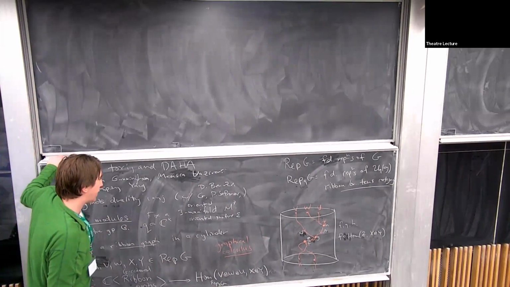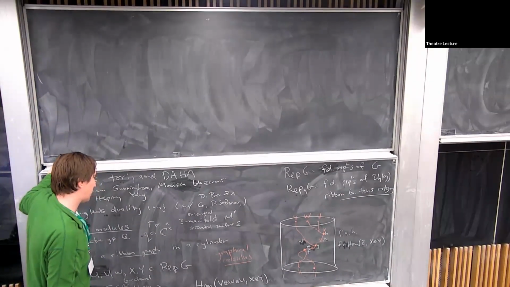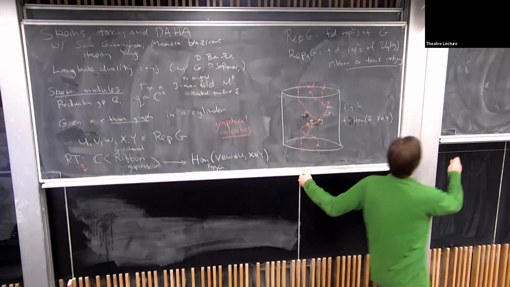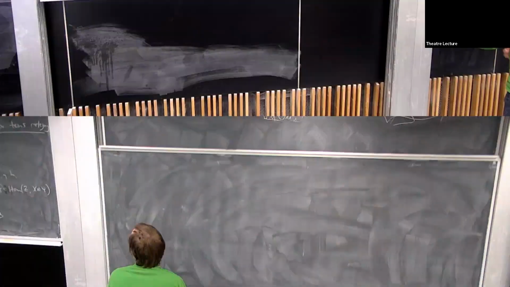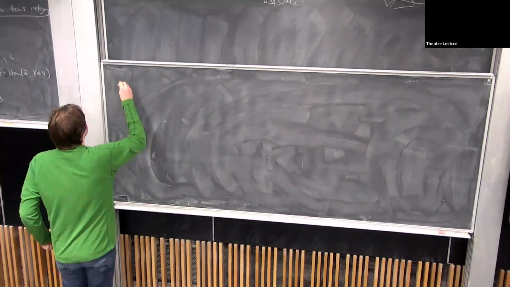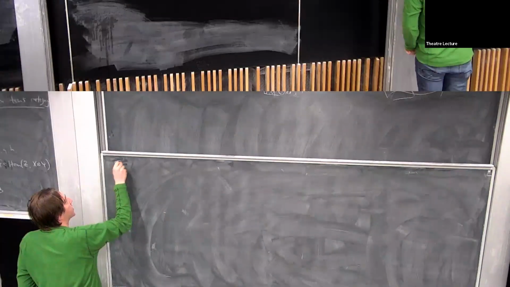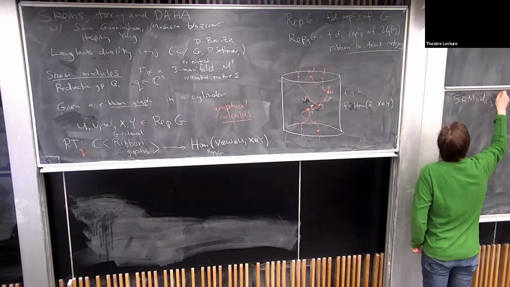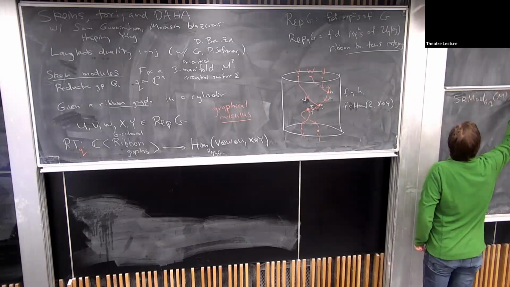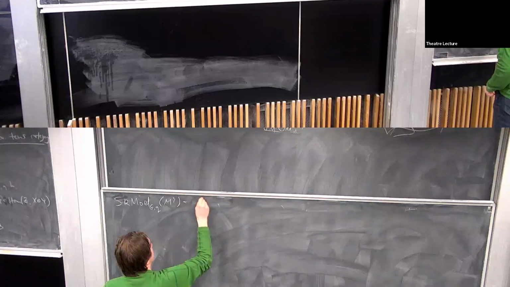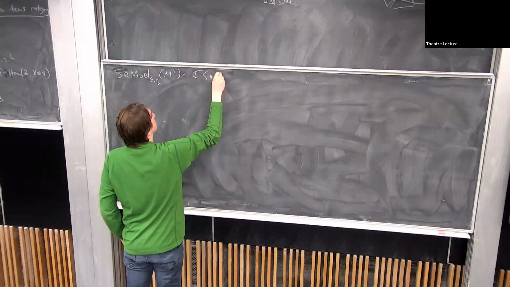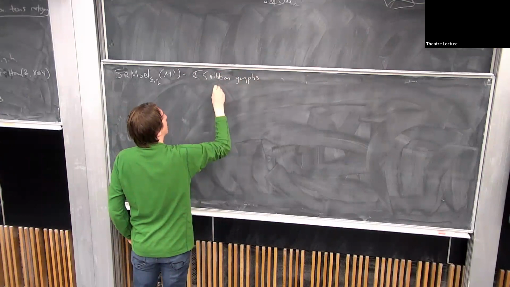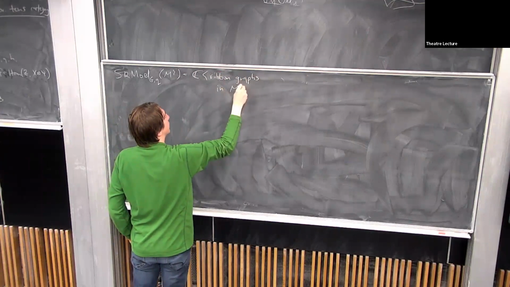And then once we have that definition, there's two important modifications we can do. So first of all, we can now talk about the skein module of the three manifold. So this is going to be the span of ribbon graphs now embedded in M3.